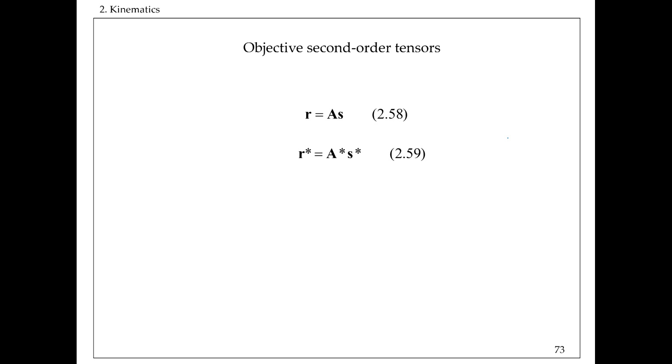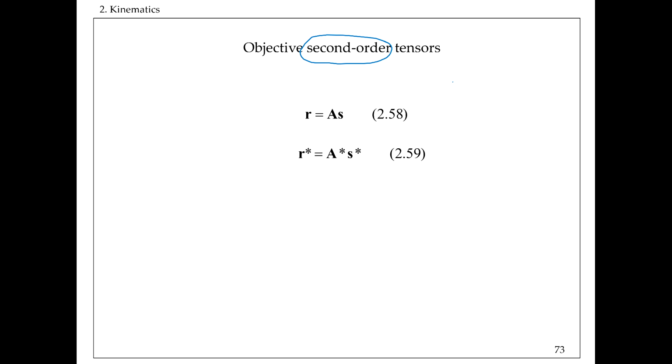And we don't want that to be affected by rigid body motion. It should not cause a change of the state of stress at any point, or of the deformation state.